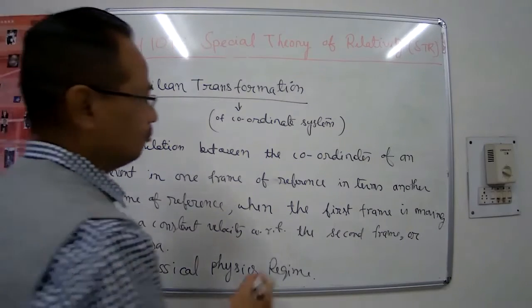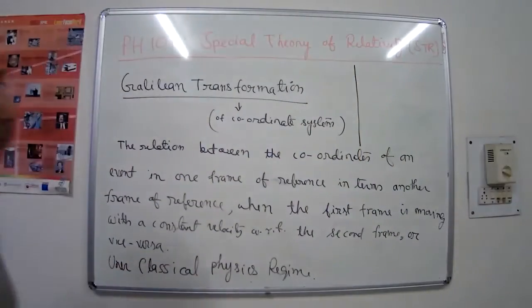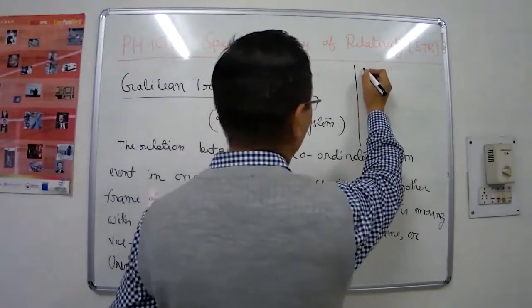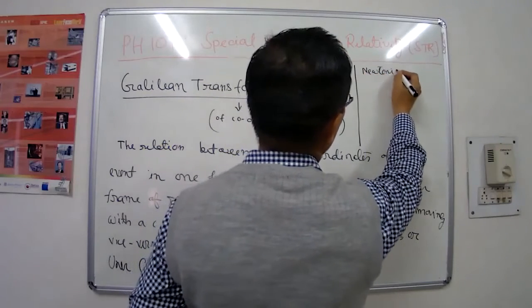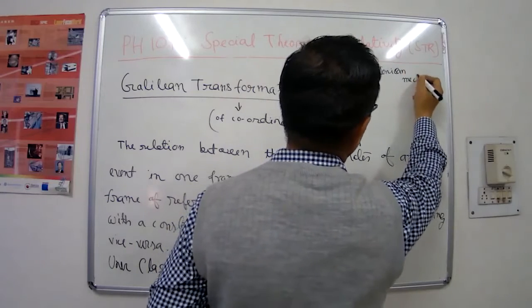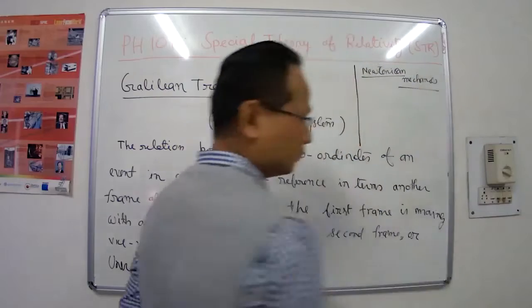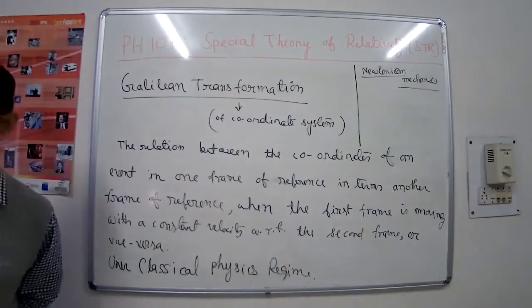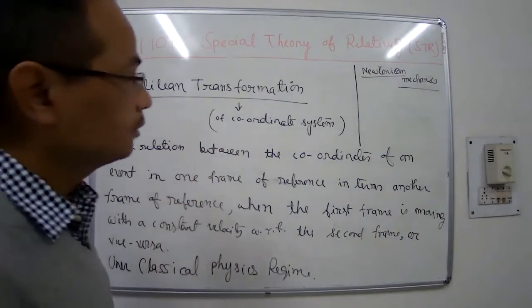Now, what is the main assumption? Classical physics means we are mainly talking about the laws governed by Newtonian mechanics. What is the fundamental assumption when we describe the transformation equation?